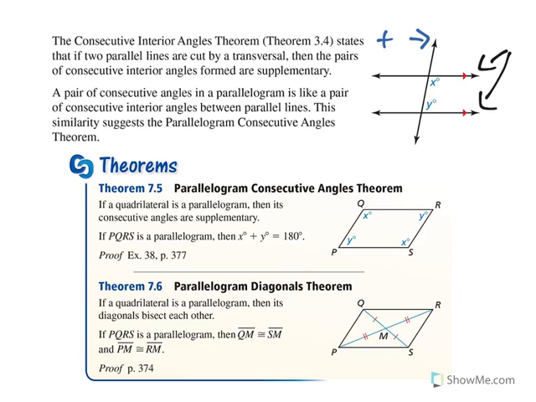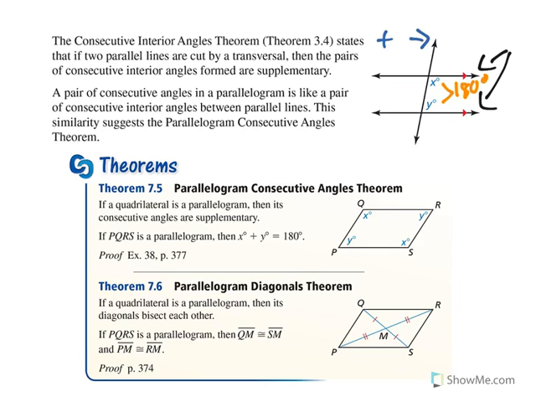And one of those sets of angles is the consecutive interior angles. Our consecutive interior angles are always going to be supplementary. Remember we had that theorem, and it told us that these would equal 180 degrees when we add them together. So in a parallelogram, we're going to have the same thing happen.